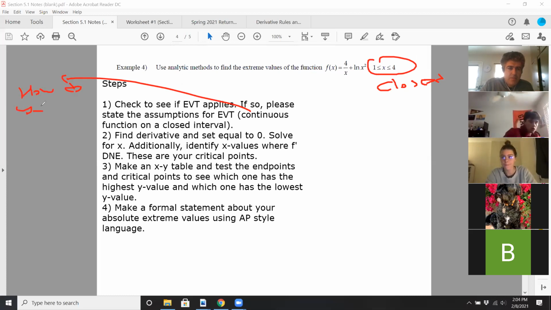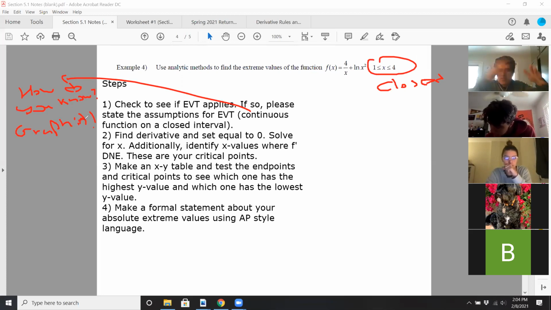From a graph. And you can use Desmos or a TI-84 calculator, I don't really care. You can just do a quick little sketch. Okay, here's a little sketch. Mr. E says from 1 to 4, inclusive, closed, continuous. It applies. Make that statement.